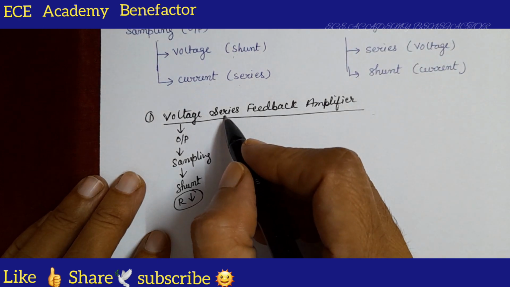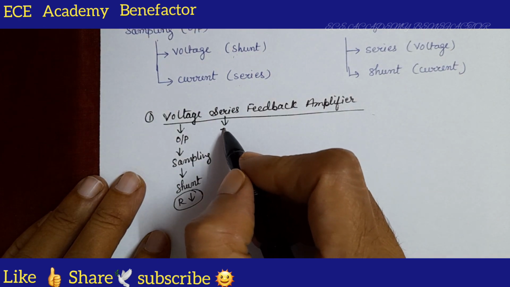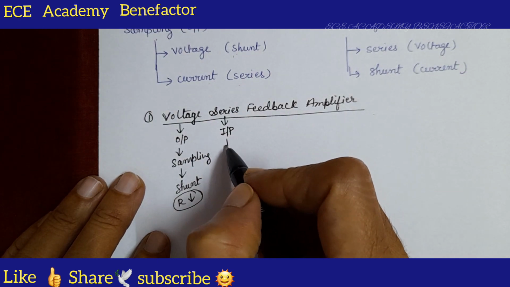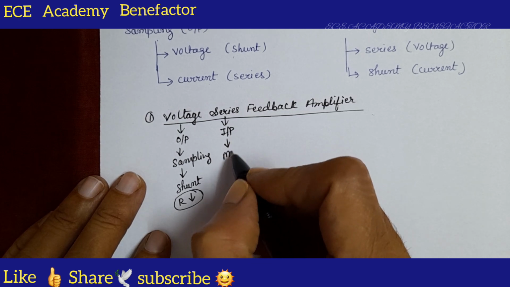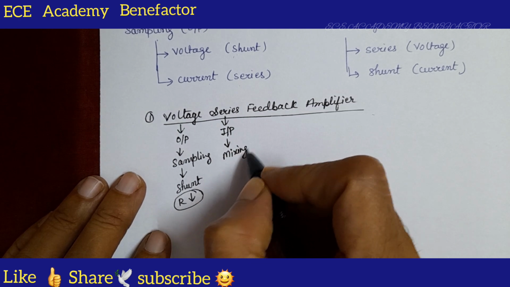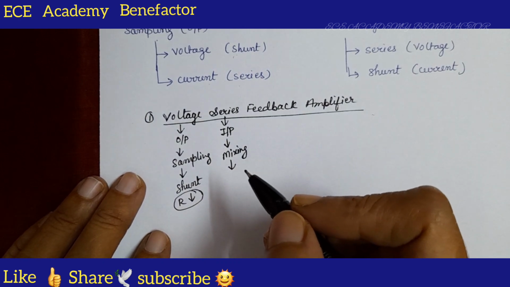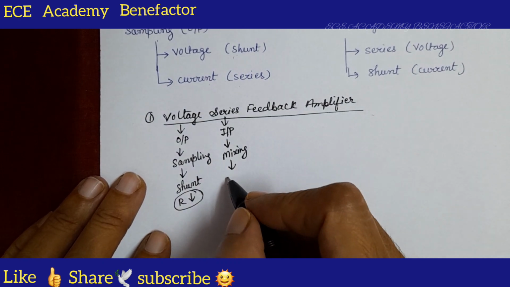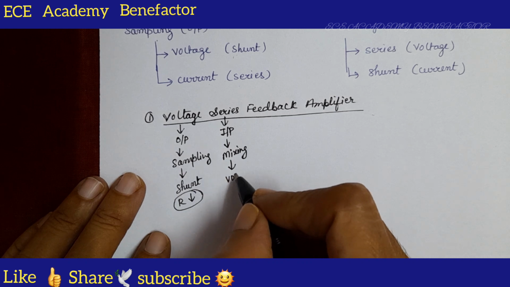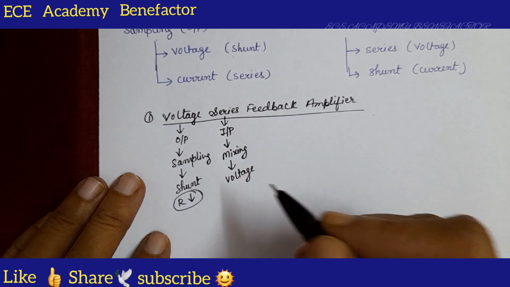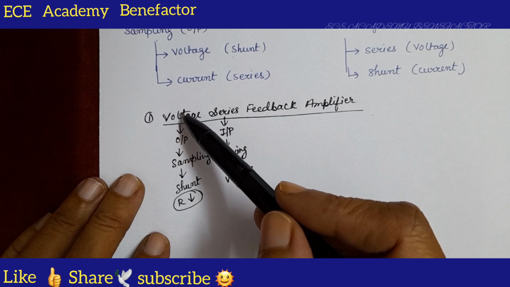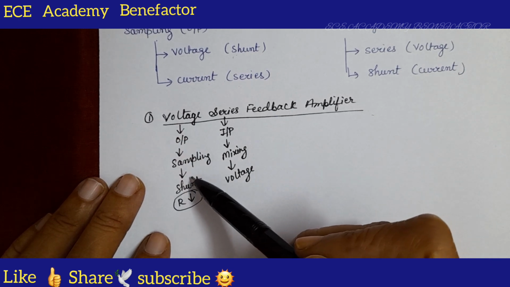The second word tells about the input. At the input side, what is done? Mixing. What type of mixing is done? Series mixing. If series mixing is done, what will be the source we need to place? Voltage source. So at the output side, what are the connections?